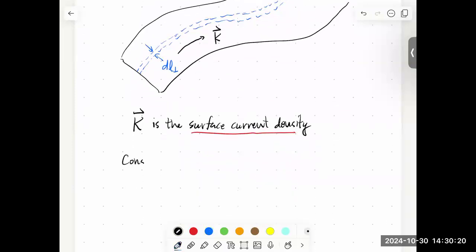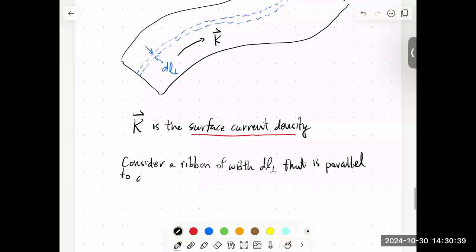All right. So we consider a ribbon of width dl perpendicular that is parallel to the charge flow.